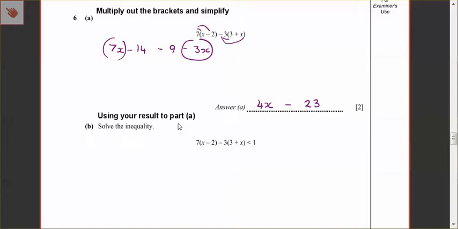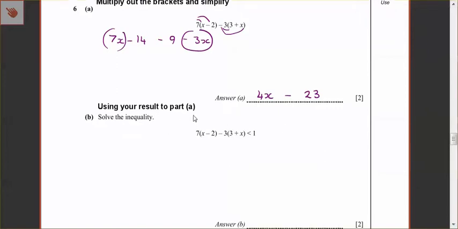Now this one, actually, I've said use your results from part A. You didn't have to, but that is the same as that. So actually, I could do this as 4x minus 23 is less than 1.